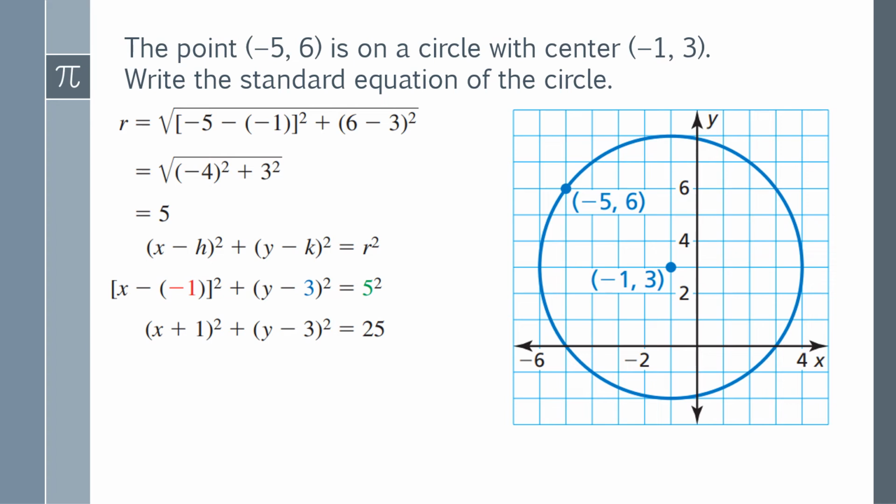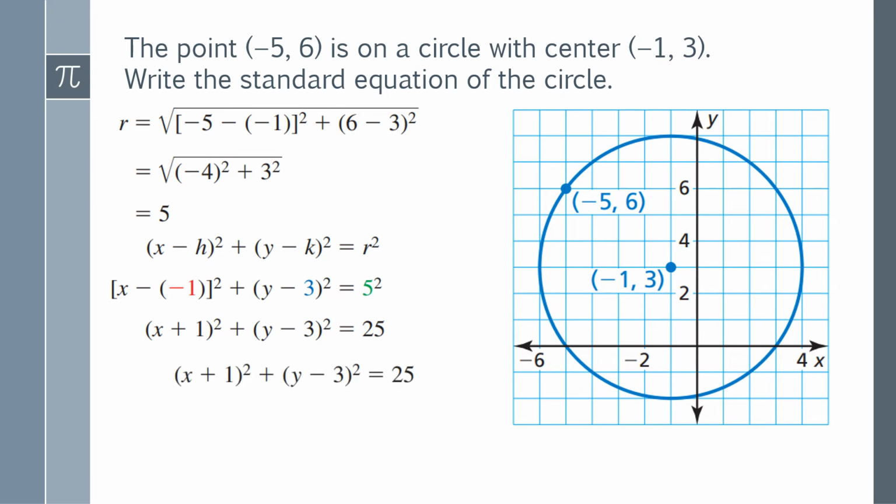Notice that x and y are no longer used, because you only use x and y to get the distance. So don't make the mistake of using an x and y in this last step.